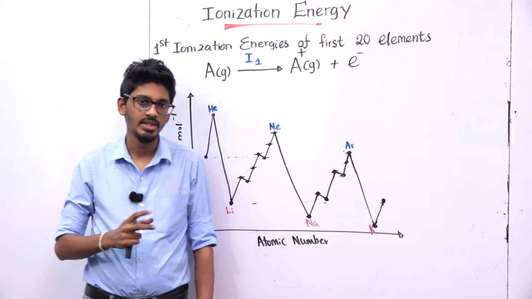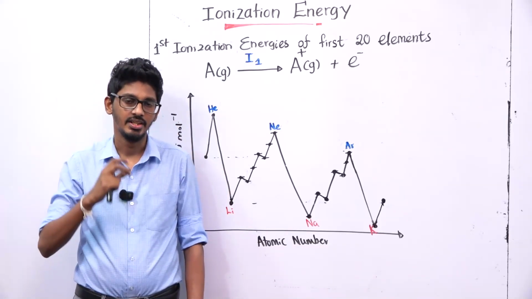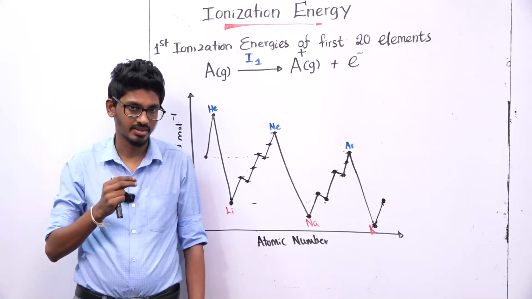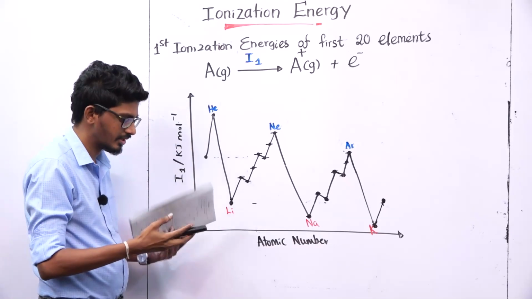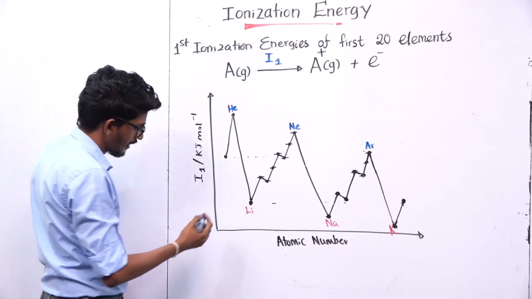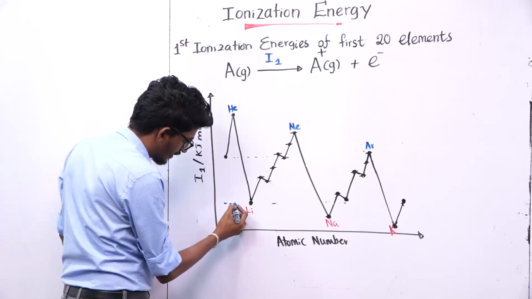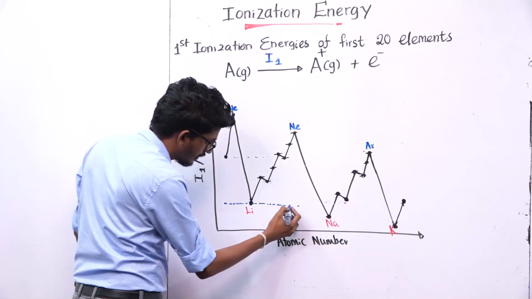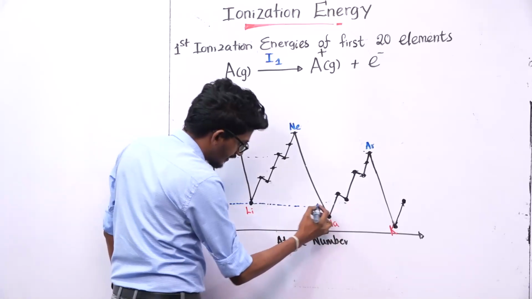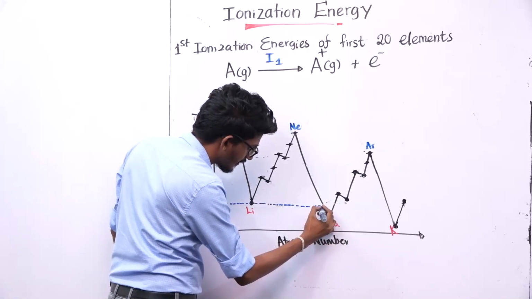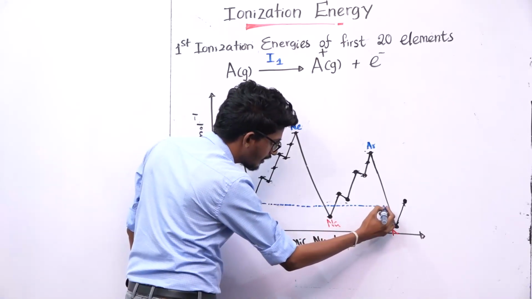But when it comes to the first 20 elements, you see the same thing a bit more extensively. Not only for a period but for the first 20 elements, the group ones are with the least values.